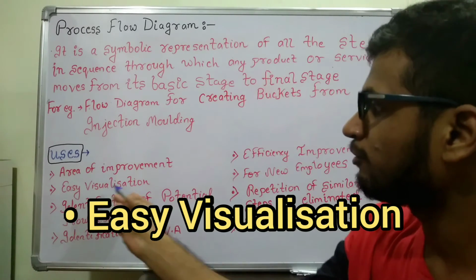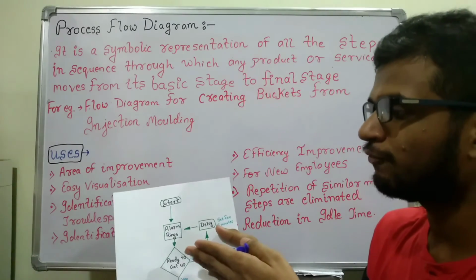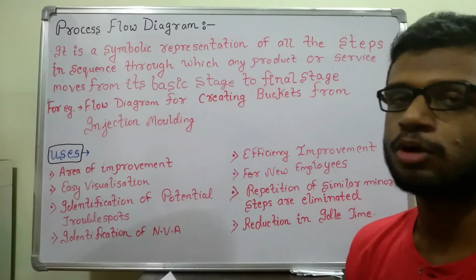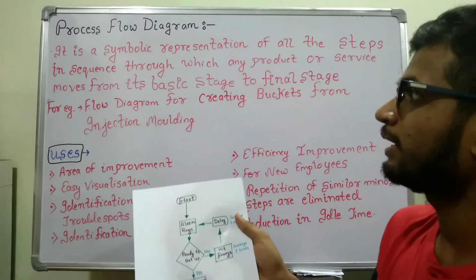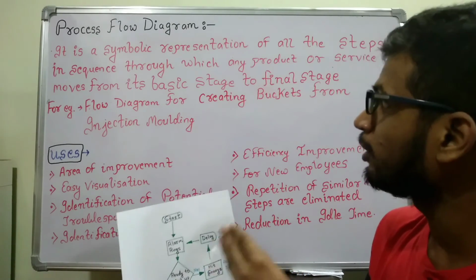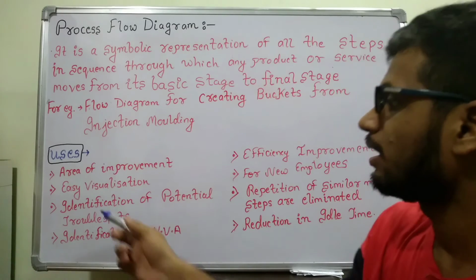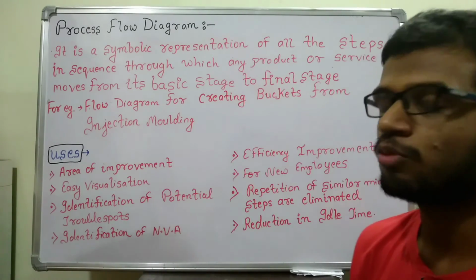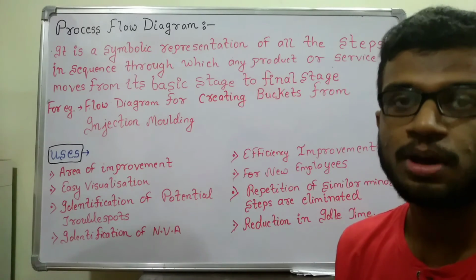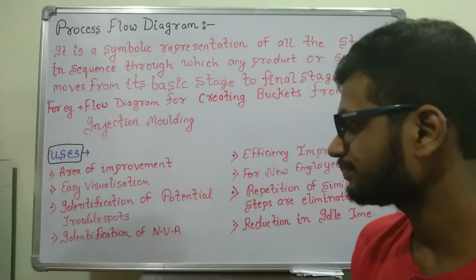Then easy visualization, because the whole layout is in front of us. Many complicated processes are made simpler when they are denoted in a symbolic way. Then identification of potential trouble spots, the potential trouble spots that can hinder our processes.